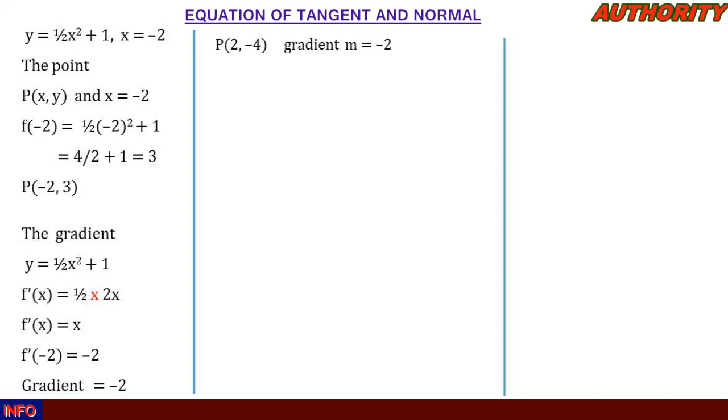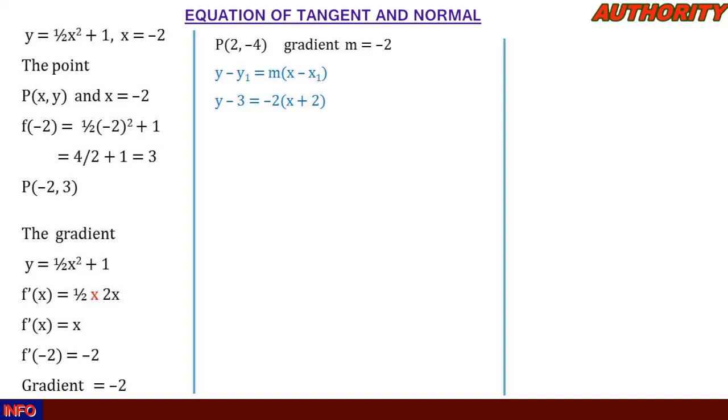I think it will be very easy for us to go further. We are going to make use of the formula y minus y1 is equal to m open bracket x minus x1. So here we say y minus our y1, which is 3, equal to our m, which is minus 2, open bracket x minus our x1, which is minus 2. Then minus minus is going to give us plus.